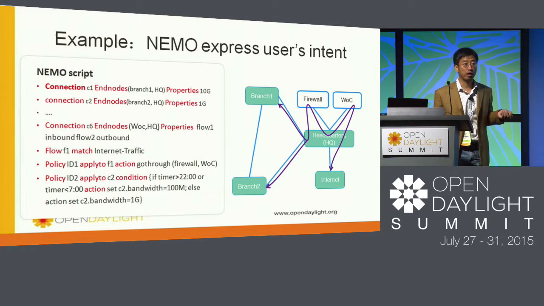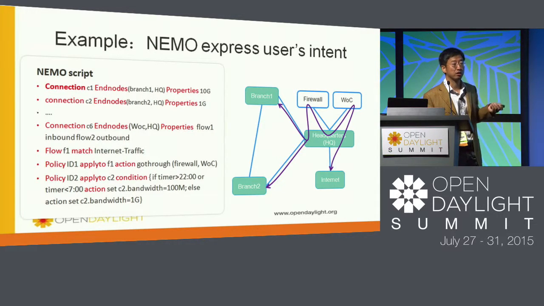But today, we have the Nemo language. Users can self-service. They can deploy their requirements using Nemo. Node: the office site is their node. They can use connection; they can write a script connecting branch 1 and the headquarters with the property 10 giga bandwidth, and use connections to describe the connection requirements.